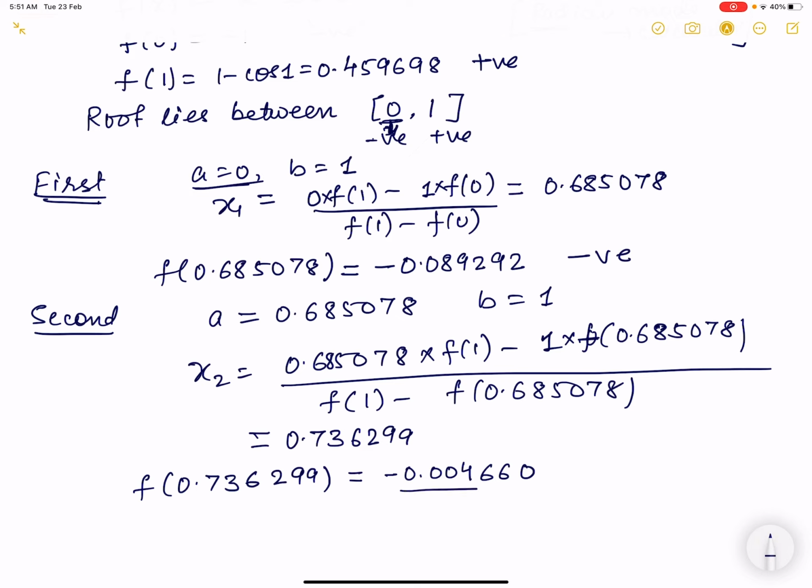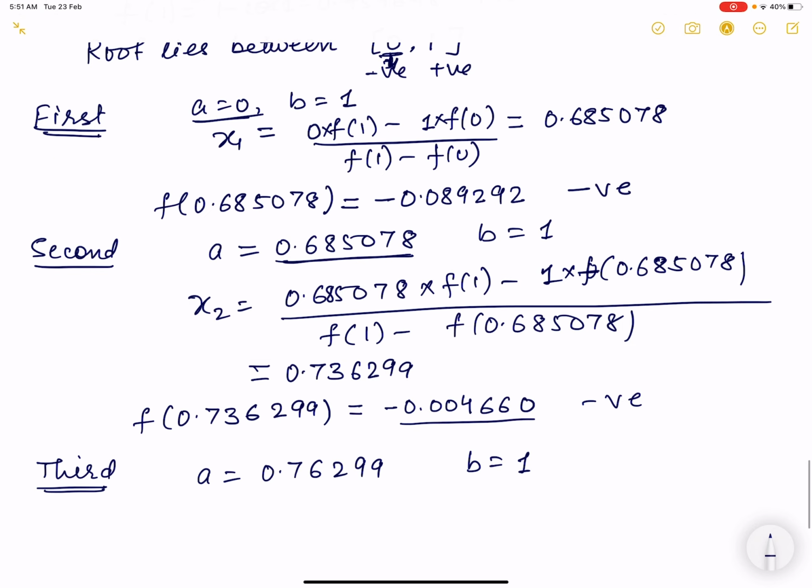And since it is negative, students, we are going to change the negative end. And in the third iteration, what will we do? We take a as 0.736299 and b as 1. We do the same thing, that is find the value of x3. I'm not writing the formula now. The formula is written in previous iterations.